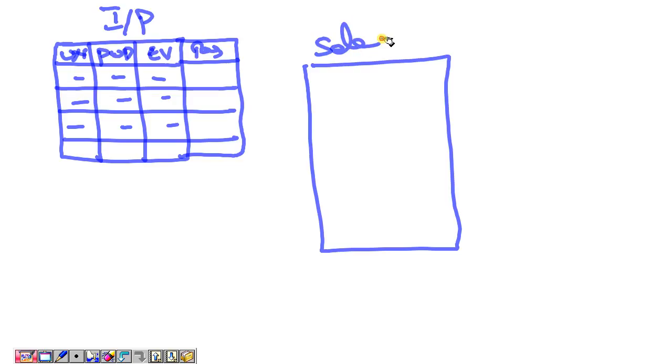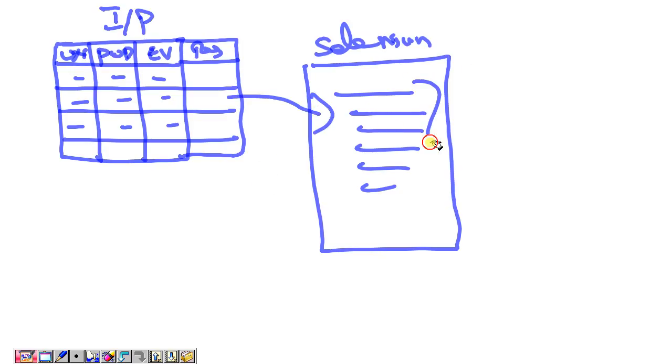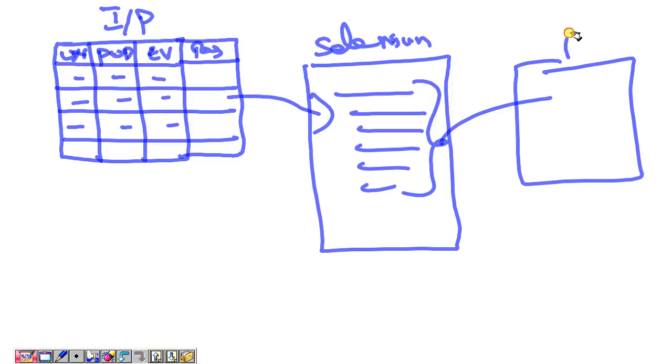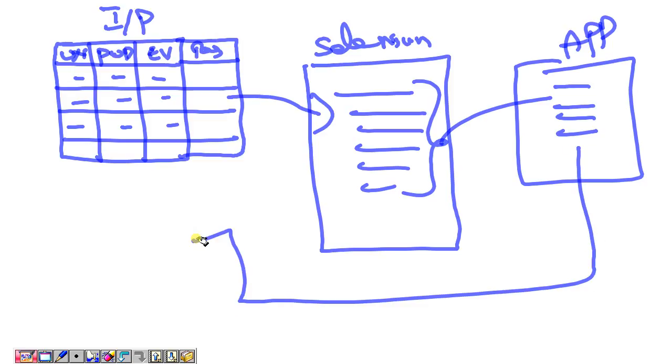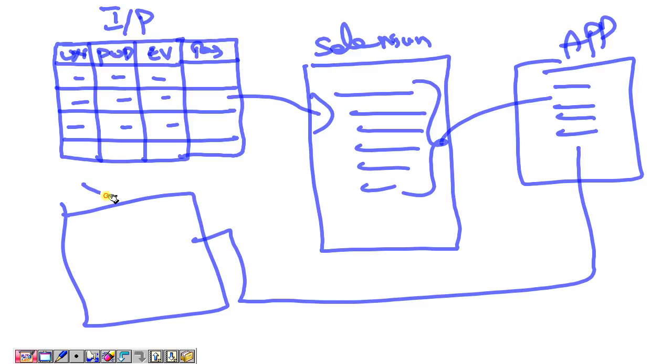I can write a Selenium script to get the data, and after getting the data from the Excel sheet, I can use it in the application. Whenever I use it in the application and check whether it is working properly or not, we can get the output. Again we can store that output in the Excel sheet too. This we call data driven testing.